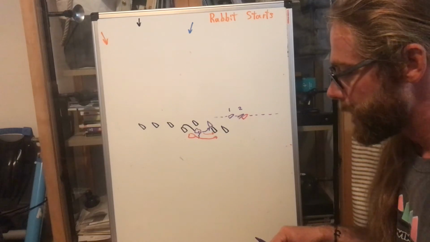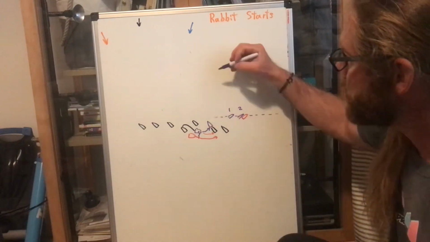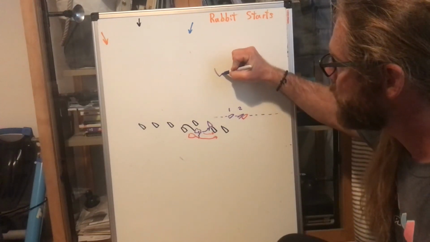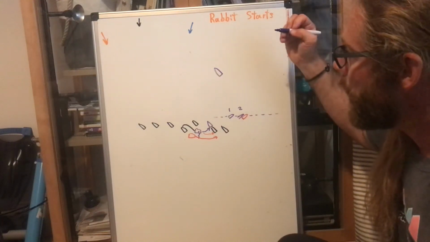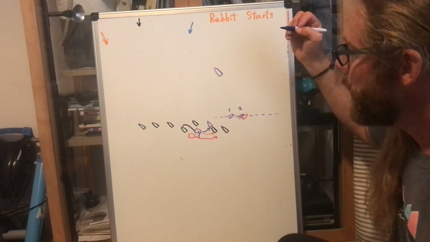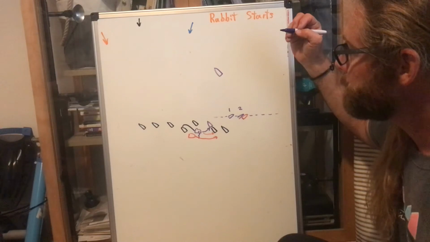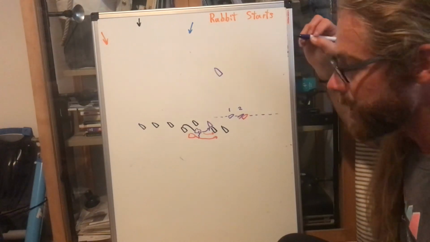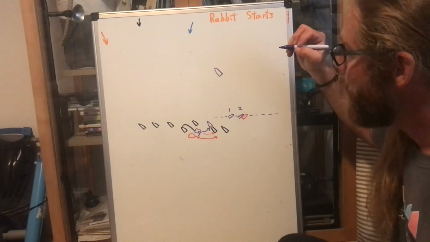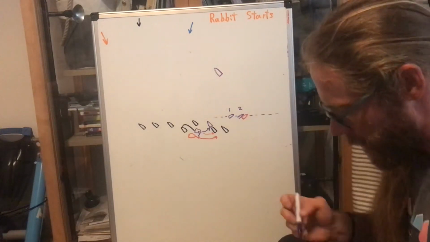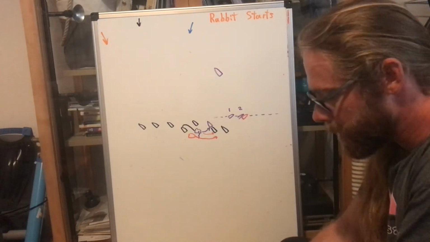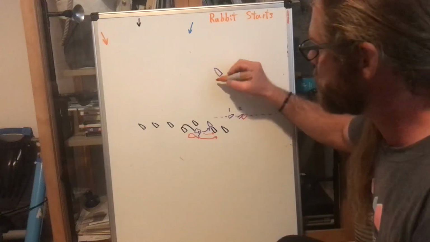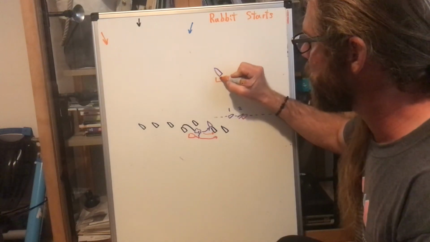Maybe the last thing that I will say about it is don't sail slowly around the rabbit. Try to cross the rabbit at full speed, and also try not to cross the transom of the rabbit or the starboard boat in this case at this angle.